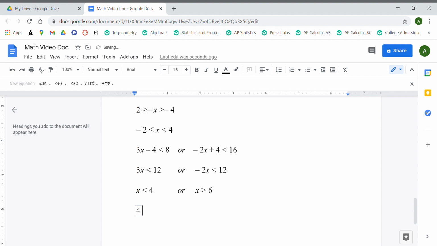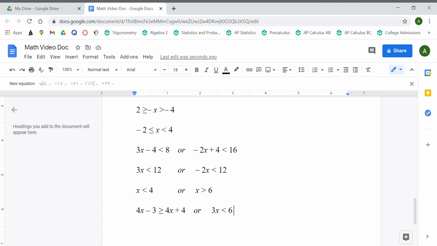So how about I give you something like this? Alright, so it's 4x minus 3 is greater than or equal to 4x plus 4, or 3x is less than 6. Why don't you pause the video, try to work this out, see if you are able to graph this, and then come back and check in with me.